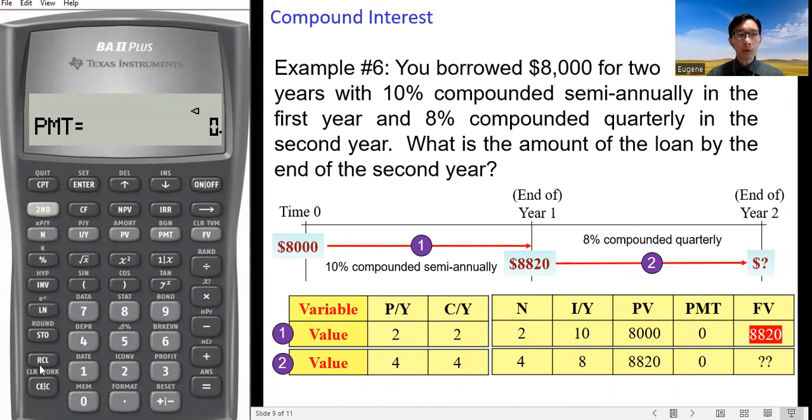The recall button is RCL, and then press PV to confirm that PV equals 8,820. And then we can compute FV. We get the answer, $9,547.05. This is the amount of the loan by the end of the second year.